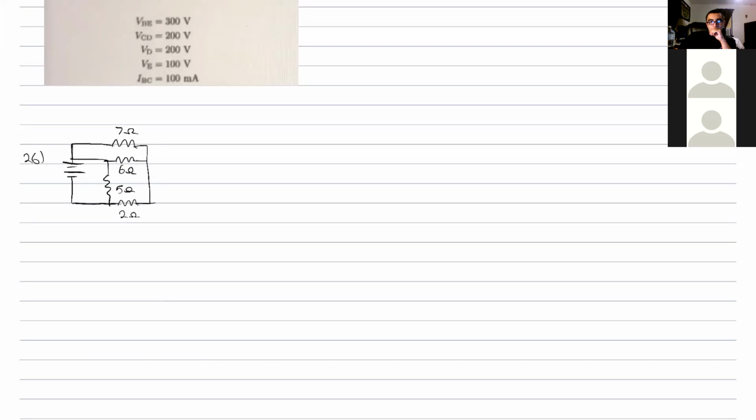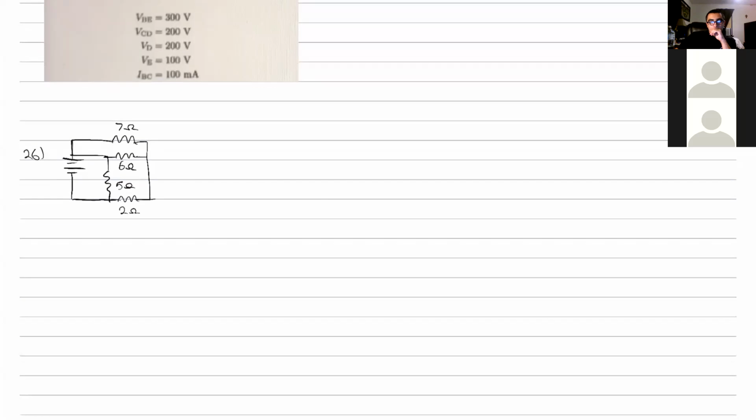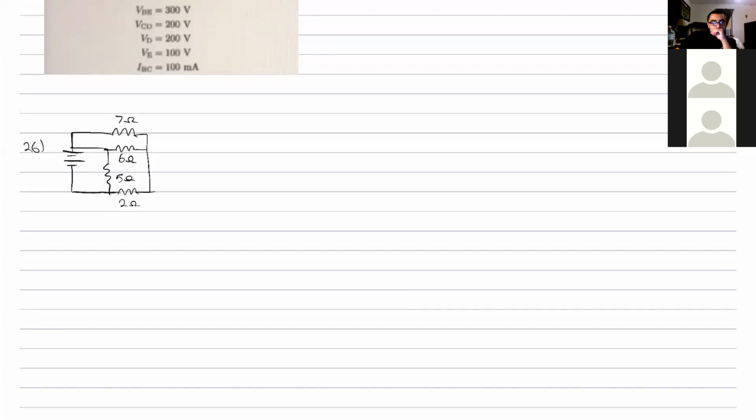Okay, so the first thing I noticed when looking at this is that we can actually move this connection right here. This is one big node. So we can just redraw this circuit to make it a little more obvious as to what our next step should be.